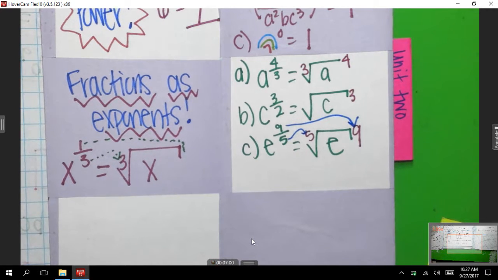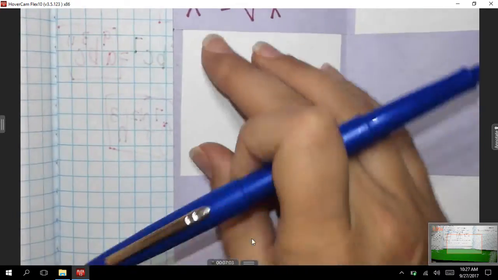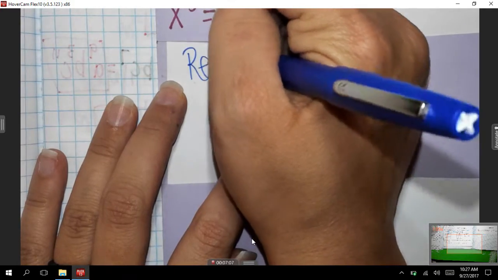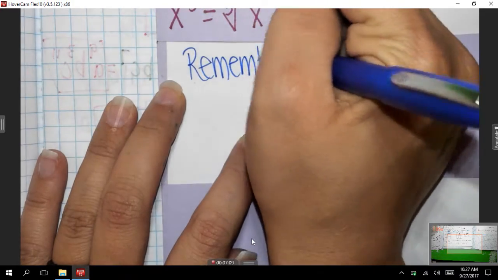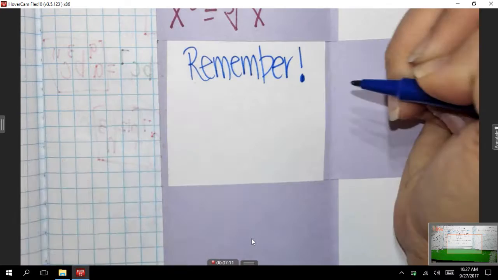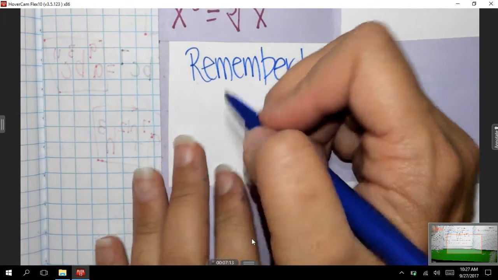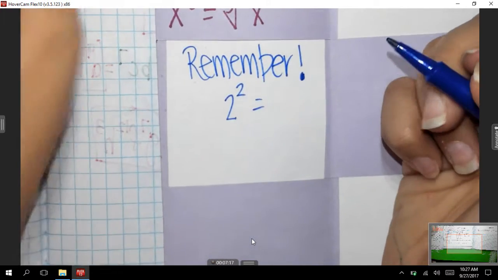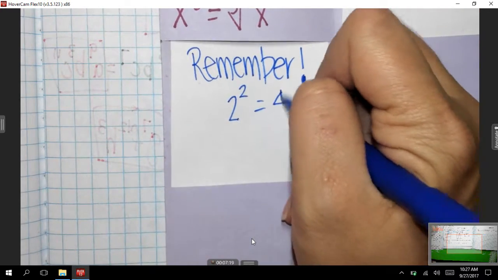Alright, so the things that we're going to remember. In this next section right here, I want you to write, remember. I'm a mathematician. So, if we have a positive number, 2 squared, can anybody tell me what that equals? 4. Look at you go, take a point.